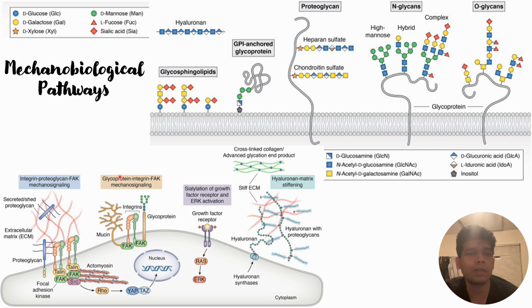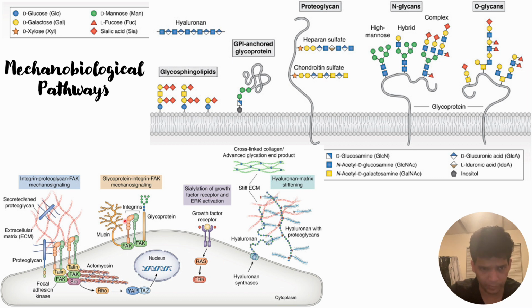The other part of these mechanobiological pathways is the integrins. Integrins also act as a mechanotransmitter, and they help in the transmission. Integrins either on their own act as a mechanotransmitter, or in coordination with the glycans. That is shown here.